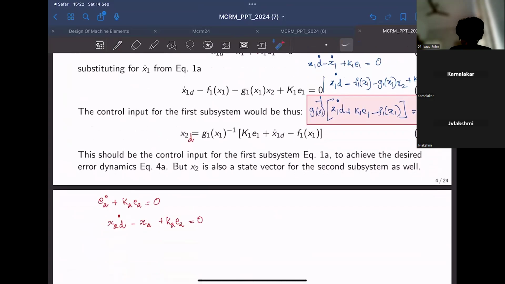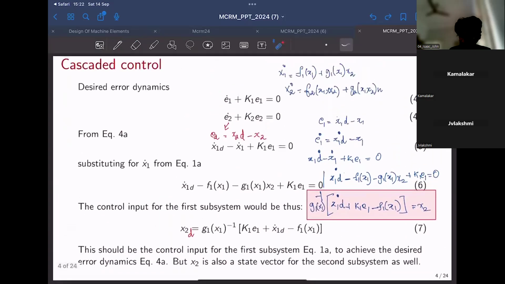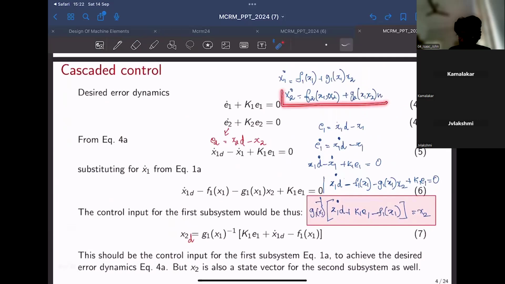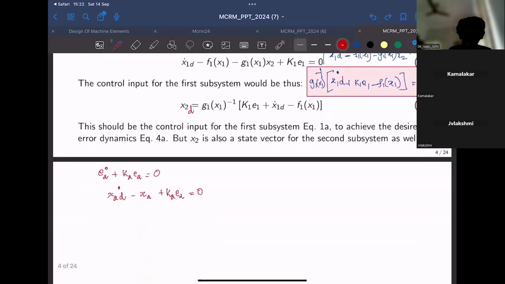And if I substitute in place of this x2 dot the dynamics of the second subsystem, x2 dot is f2 of x1, x2 plus g2 of x1, x2 multiplied by u, I get x2 desired dot minus f2 of x1 comma x2 minus g2 of x1 comma x2 multiplied by u plus K2 E2 equal to 0.